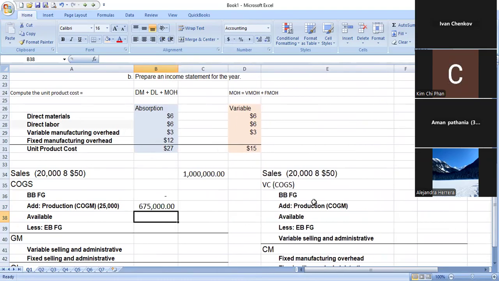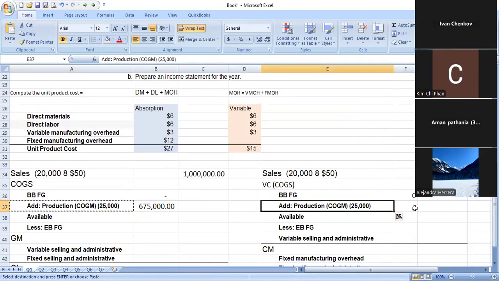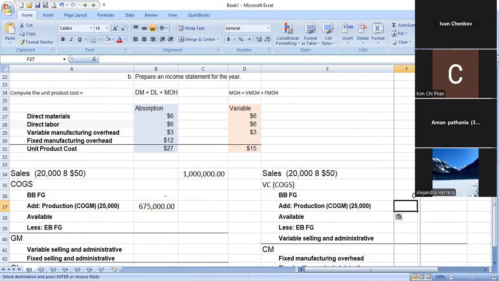How is this going to change on the other side? My beginning balance here will be 0, correct? Yeah. How about production? Is the number of units going to change? No. But my production price is going to be different, correct? Yes. Why?